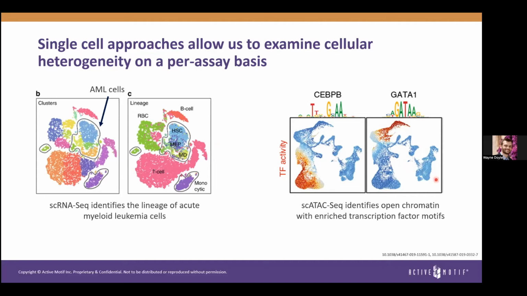And then on the right, I'm showing some chromatin accessibility data from ATAC-Seq. These are from PBMC cells. And we're looking specifically at enrichment for different transcription factor motifs, either CEBP, PB, or GATA1. So these are transcription factors, so they bind to specific regions of the DNA that have very specific sequences.